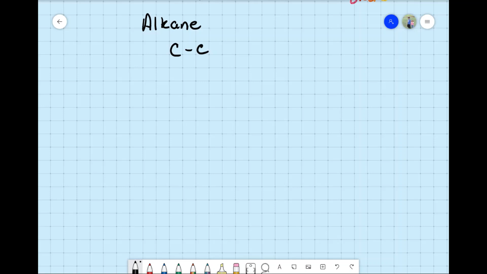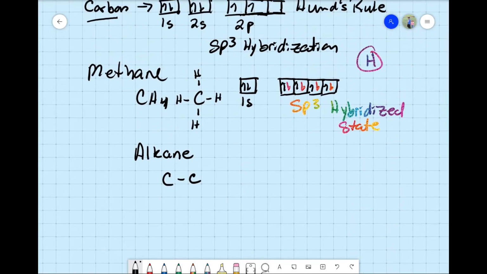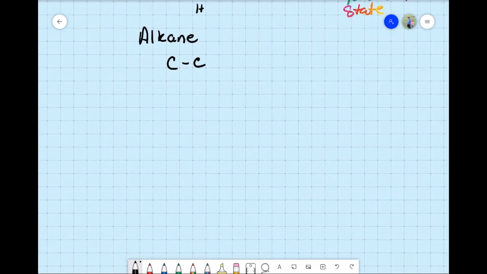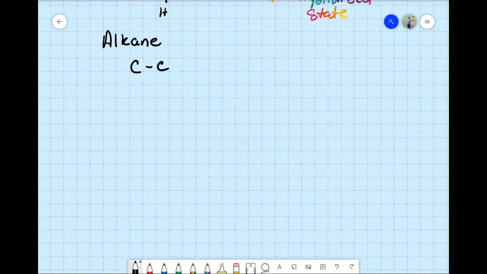So you have all these other states that need to be filled, if you remember how we're filling up these shells here. Okay, and hopefully I'm explaining it in a way that doesn't sound like a Neanderthal. I'm trying to explain things. So an example alkane compound is ethane. And so ethane is C2H6.